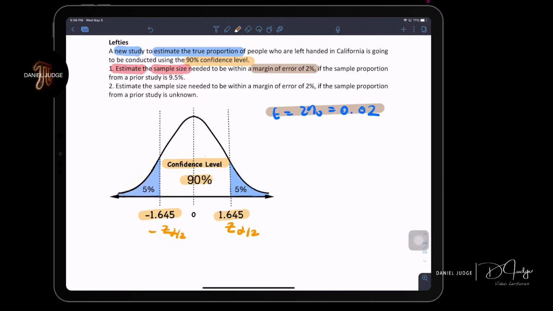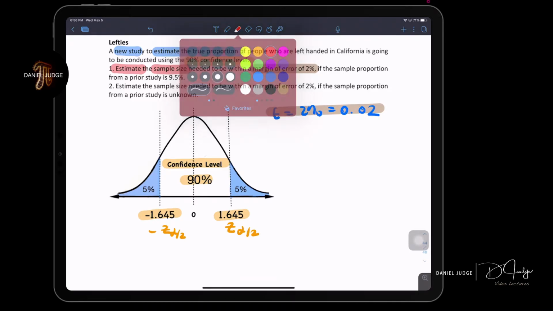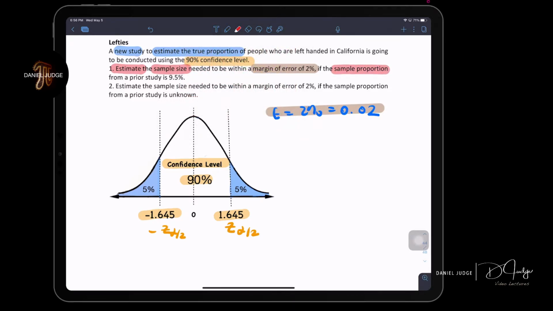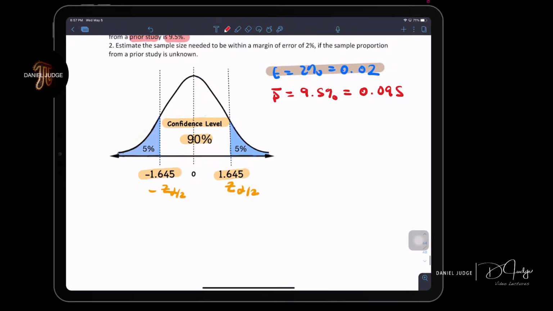So now you say, okay, what does this say? The sample proportion from a prior study is 9.5%. So p hat from a prior study, 9.5% is 0.095. So I'm going to use this, and remember what q hat is.